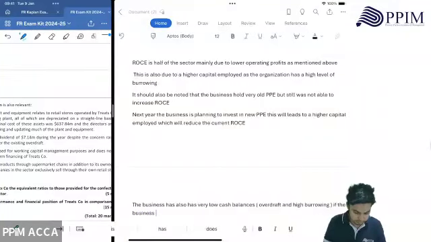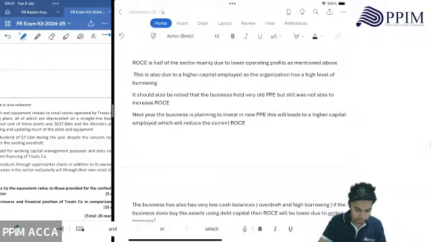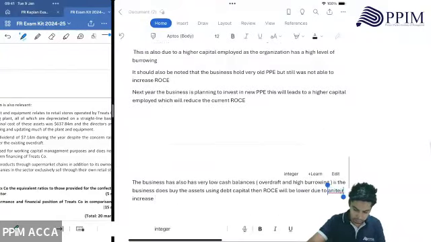If the business does buy the assets using debt capital, then ROCE will be lower due to another increase in borrowings.